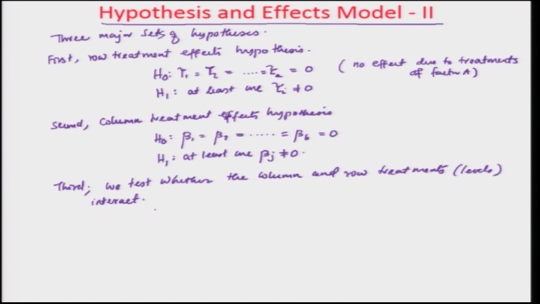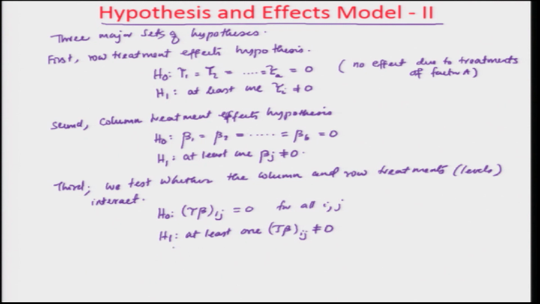So the null hypothesis H0 is that tau beta ij is equal to 0 for all i, j. Then the alternate hypothesis here is that at least one tau beta ij is not equal to 0. So we are saying that at least one of the interaction effects is significantly different.